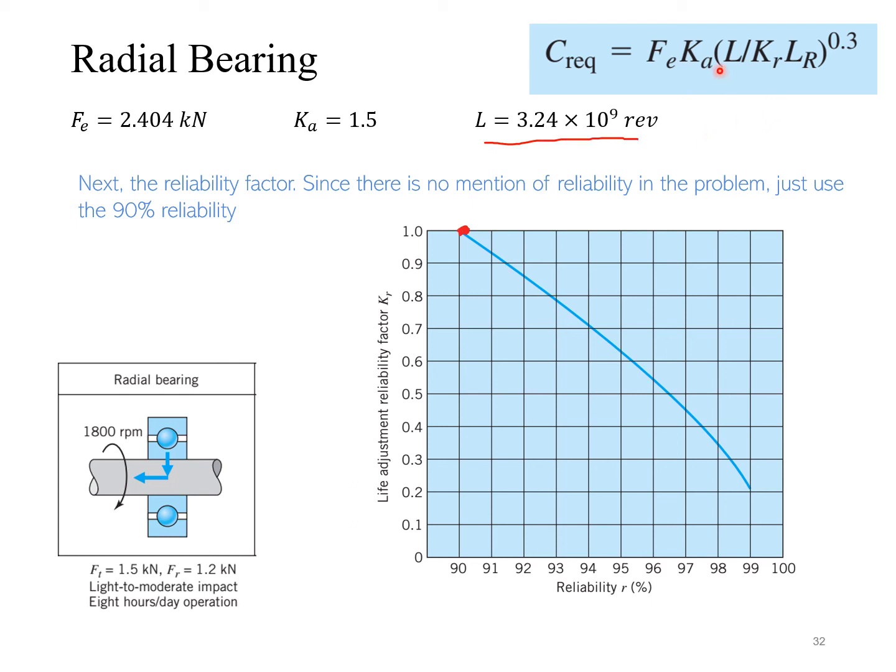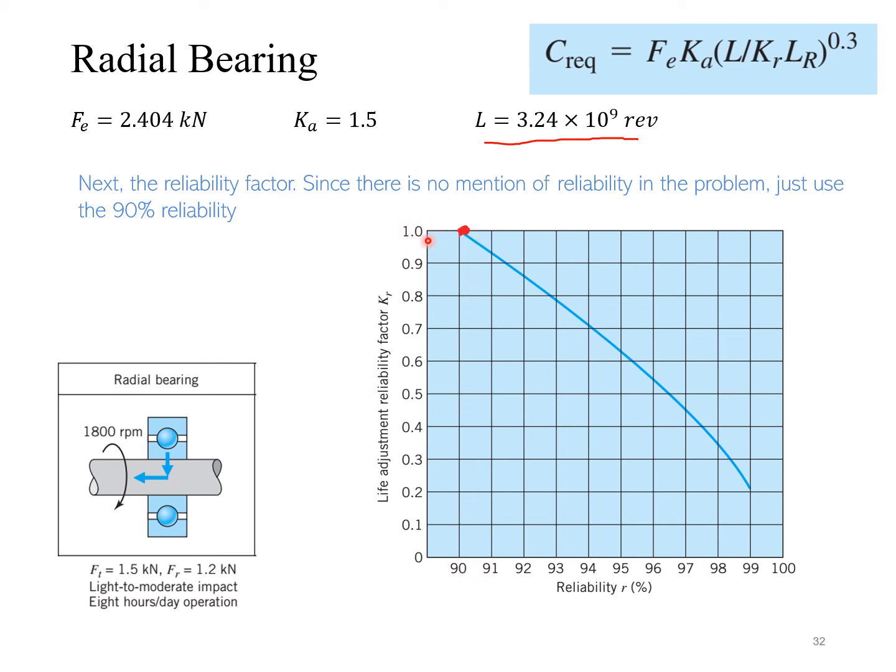The next term in the equation is this Kr, or reliability factor. When we read that question, I know I don't have the problem statement anymore, there was no mention of a reliability factor. So for this application, we're just going to stick to the standard reliability of 90%. So we go over here with standard reliability 90%.